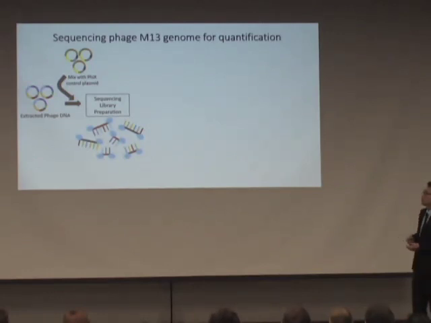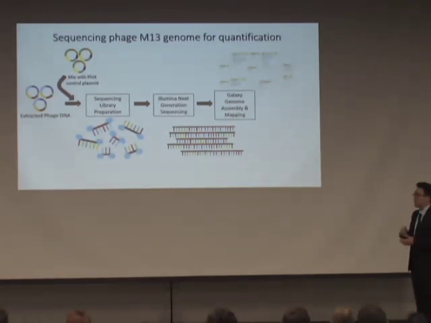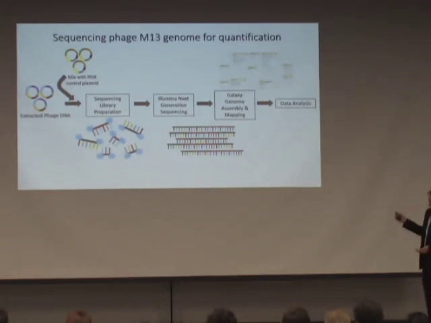So we will cut these into fragments, add the adapters to do a sequencing library preparation where we will do Illumina next generation sequencing to sequence all these DNA particles, use the Galaxy genome assembly and mapping to map these samples to M13 and 5X genomes, and we will analyze our data and see how much phage M13 we can recover from doing the metagenomic analysis.